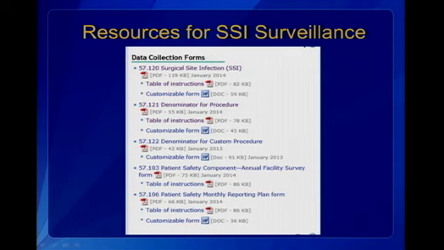So it's got some good details in it. Those details are often found in the protocol, but it's good to know, as there are IPs who don't realize we have a table of instructions for every single form. So here's your actual numerator SSI form, and here's your denominator form, and here's your table of instructions.